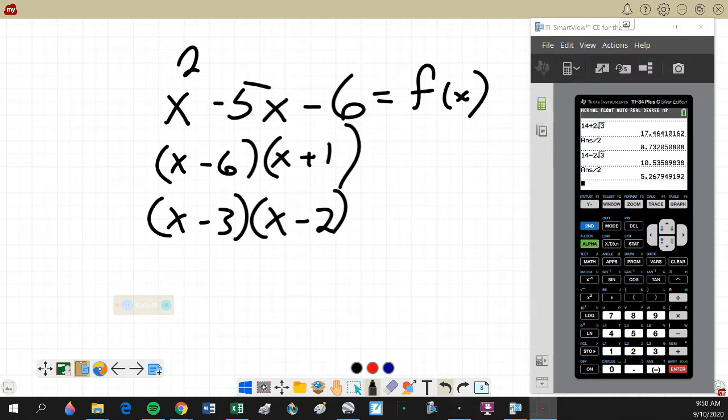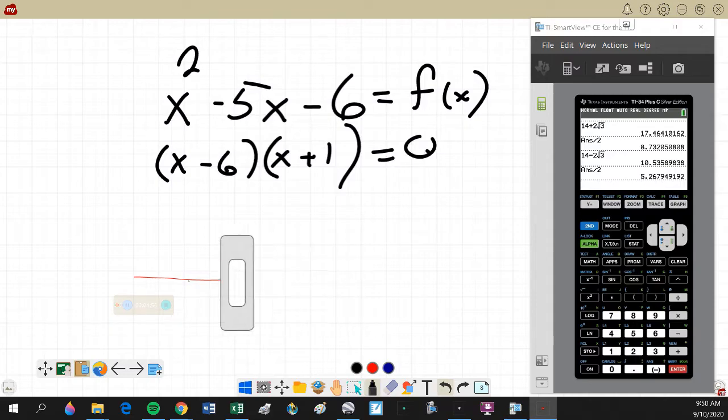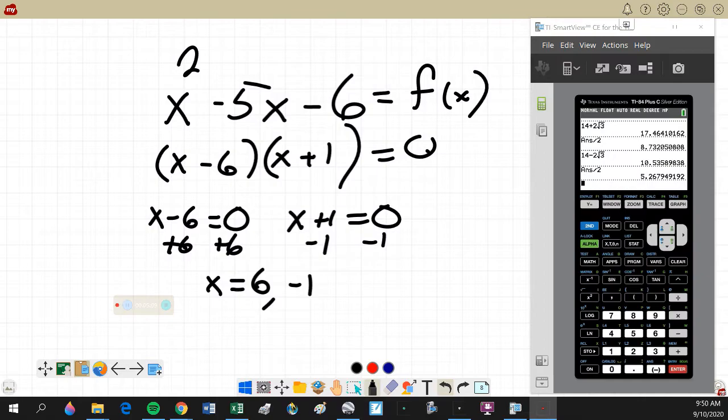They do not multiply to make negative 6. Good. Okay. Well, that is equal to 0. So I set both factors equal to 0. And I add 6, and I subtract 1, and the factors are 6 and -1.